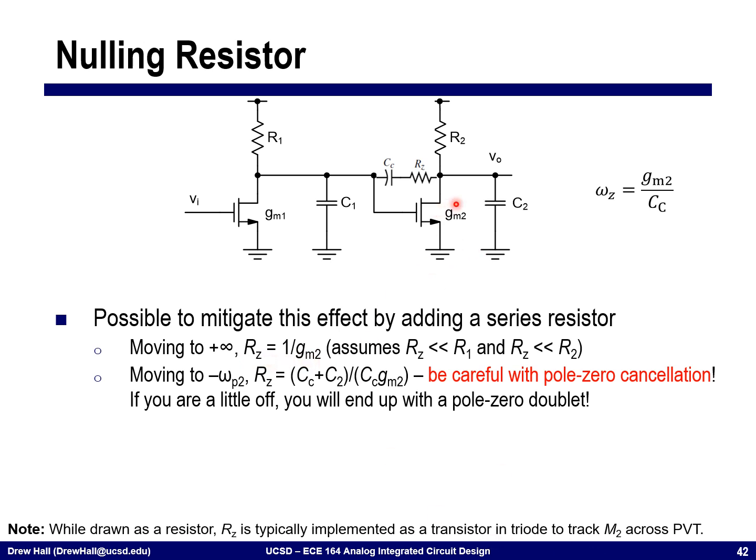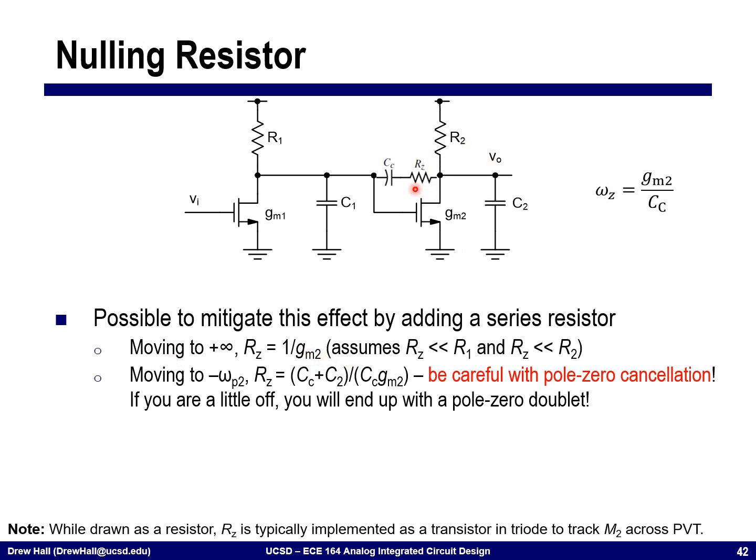If I want this to track this device, I should really implement this as a transistor as well, and so then it will track process, voltage, and temperature variation. I will say that putting the zero at positive infinity is a very safe approach. There's really nothing that can go wrong here. You're going to give up a little bit in terms of your potential phase margin, but it's very, very safe.